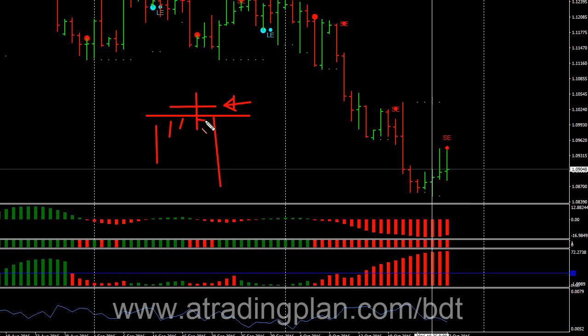Wyckoff has a term for this. It's called an upthrust. So if you're positioned short, your stop is here, you get popped out, and it's happened to every single one of us. You just got taken out. So you're buying to get out of this market, at the same time people are shorting. And that's not what you want to do.